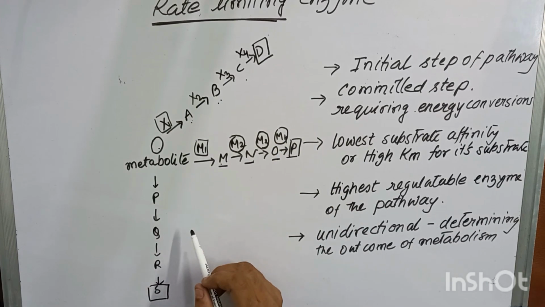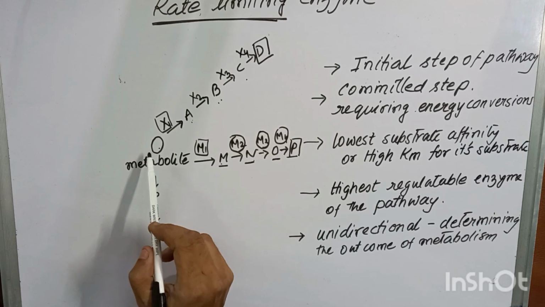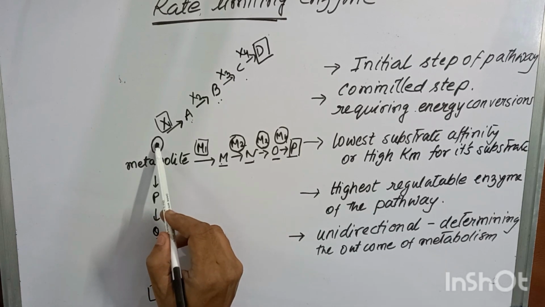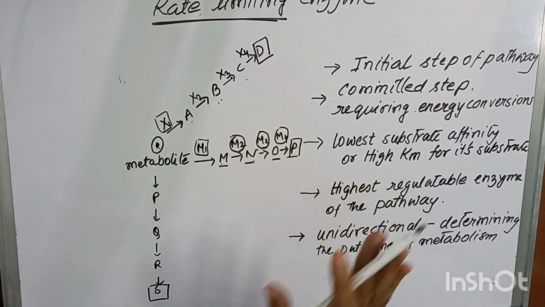Now what is a rate limiting enzyme? A rate limiting enzyme is an enzyme which will determine, if we have metabolite O at the center, which pathway will be running.